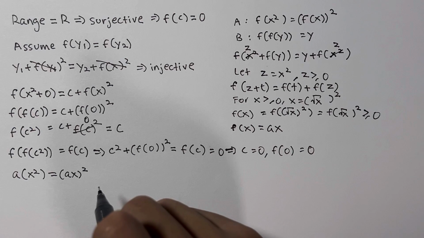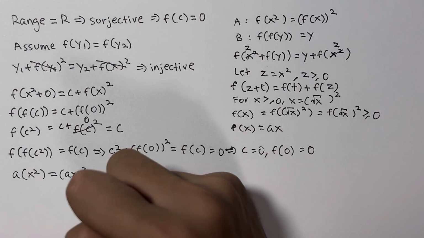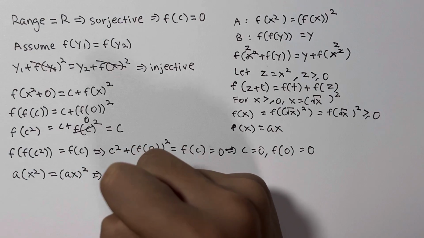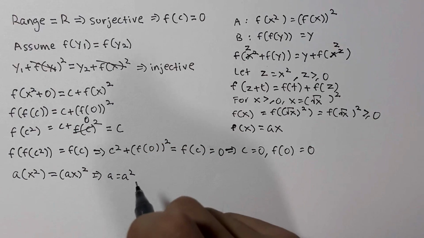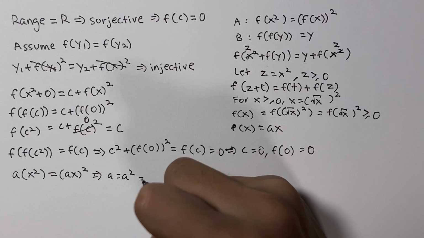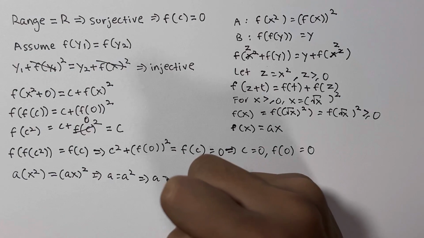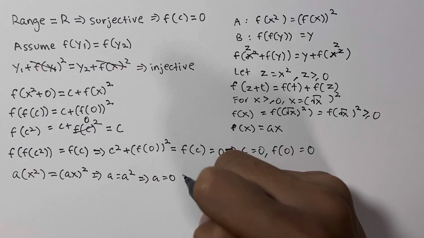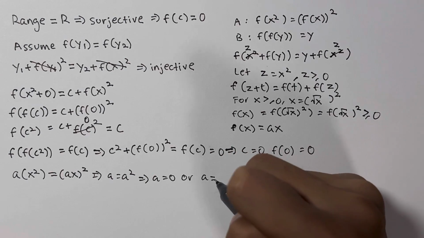This must hold for all x, so it implies that a equals a squared. Then a squared minus a equals 0, a times (a minus 1) equals 0. A equals 0 or a equals 1.